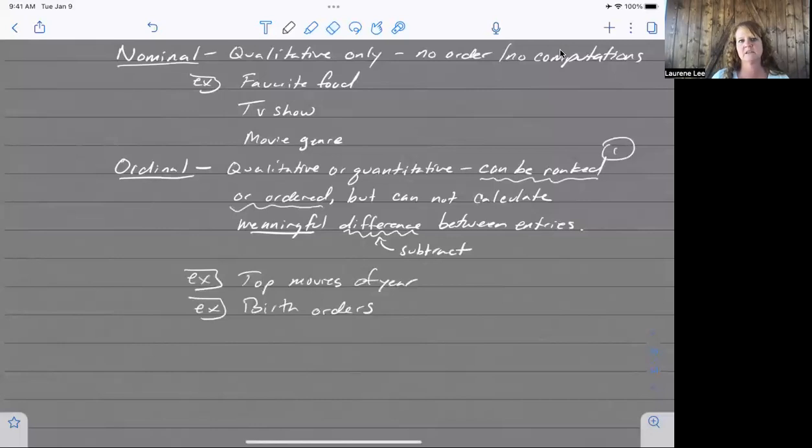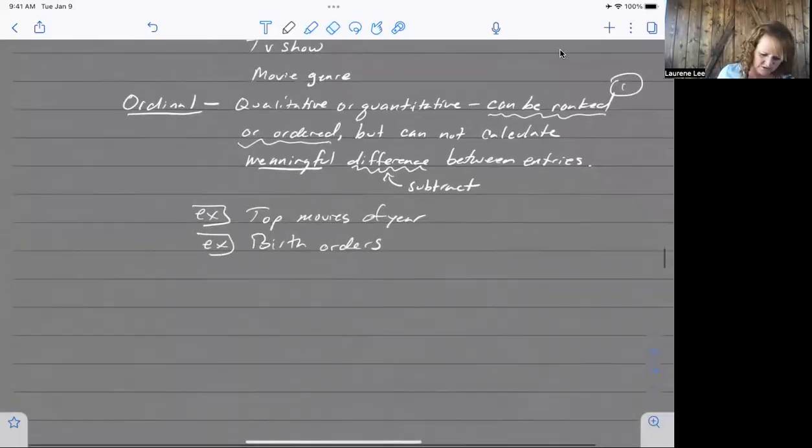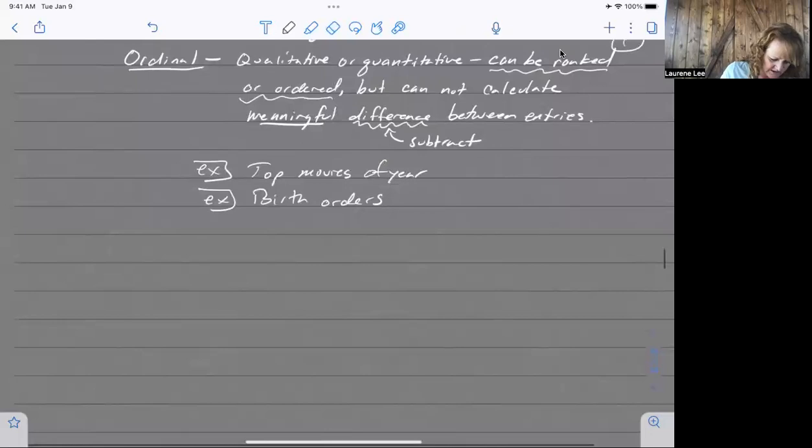That's not something that would be interesting or useful. Okay, so it's, again, this idea of there's an order to it, but we're not actually doing calculations with those numbers or topics. Okay, so that's ordinal. The next one is called interval.